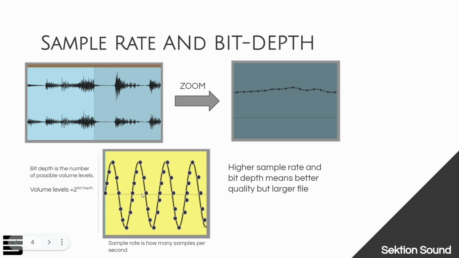So if we look down here, I've made up a kind of dodgy image, but imagine that this is a waveform and we have all of these individual points here. Well, the sample rate is how many of these points do we hear per second. So typically CD was 44.1 kilohertz, which means that there's 44,100 points every second that we hear.